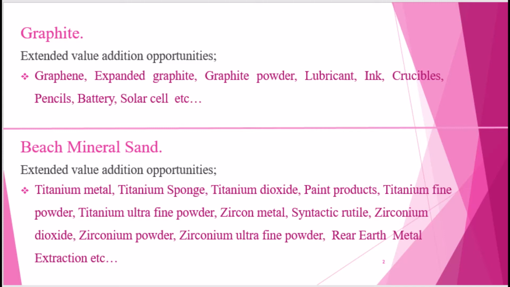Extended value addition opportunities regarding beach mineral sand: titanium metal, titanium sponge, titanium dioxide, paint product, titanium fine powder, titanium ultrafine powder, zircon metal, synthetic rutile, zirconium dioxide, zirconium powder, zirconium ultrafine powder, rare earth metal, and rare earth oxides. These are just value addition opportunities. Later on, we have to discuss each and every process with flow charts and their details.